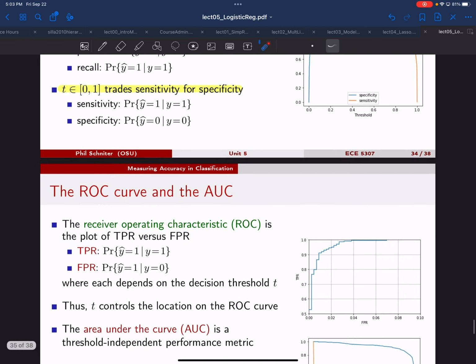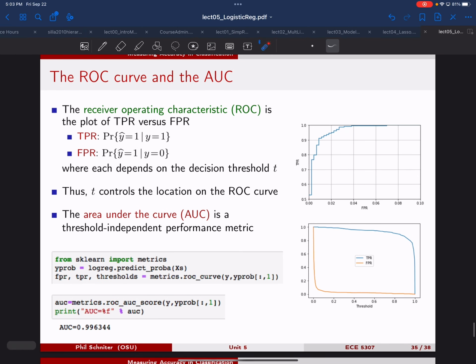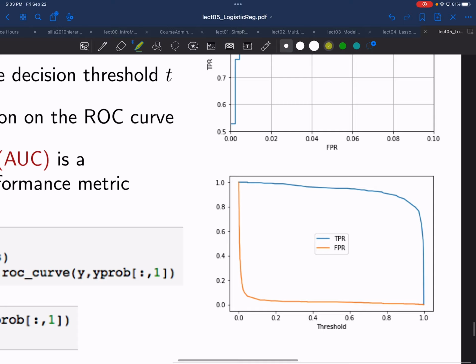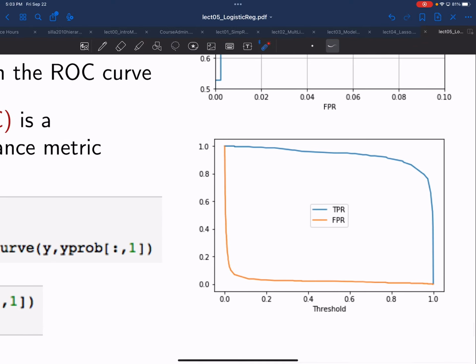All right, so another way you can see a trade-off is you can look at the true positive rate versus the false positive rate. So here's a plot, slightly different trade-off.